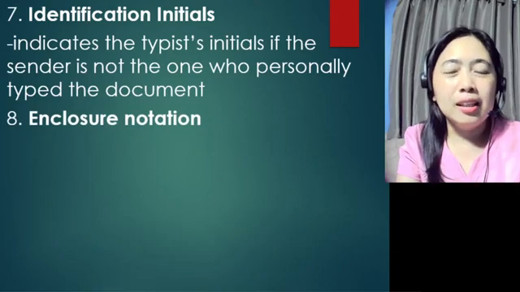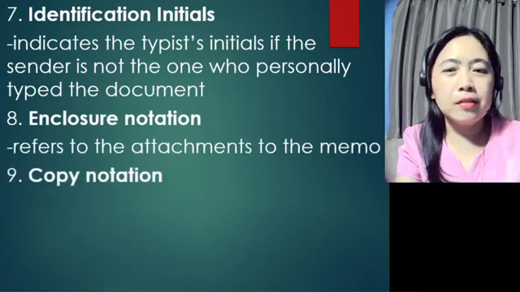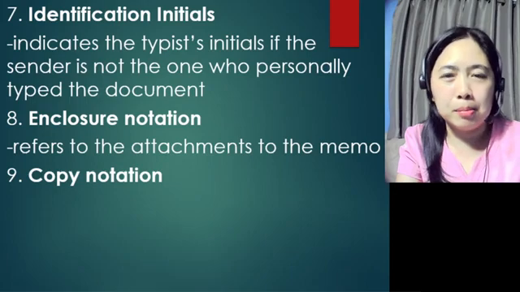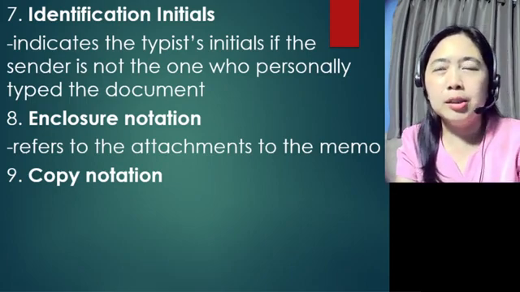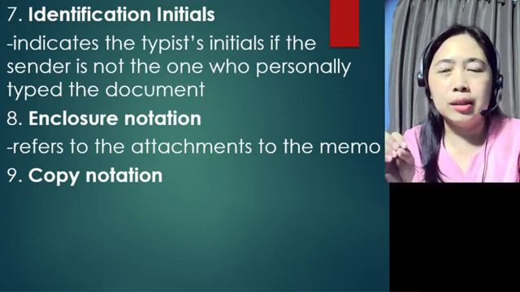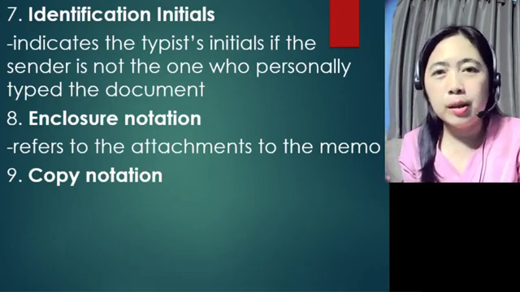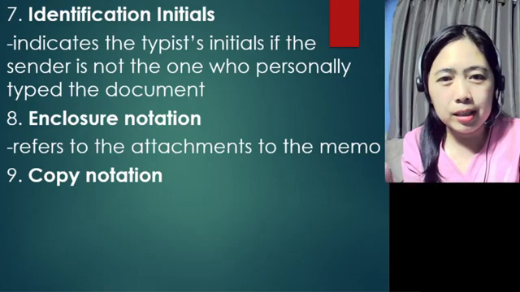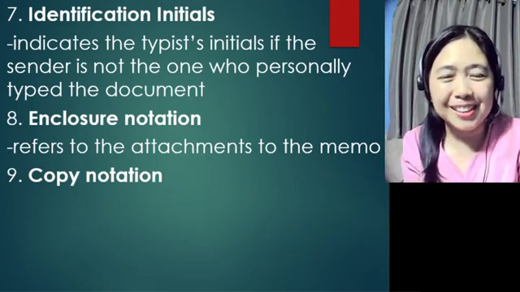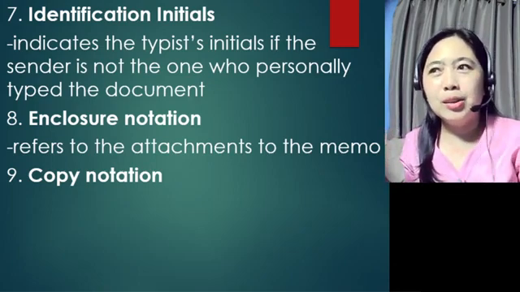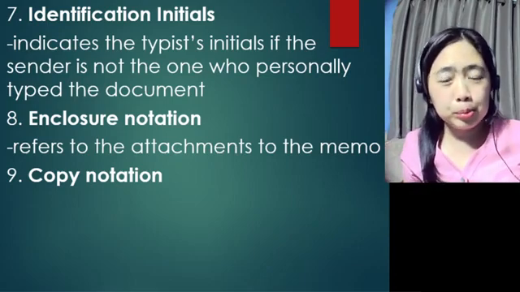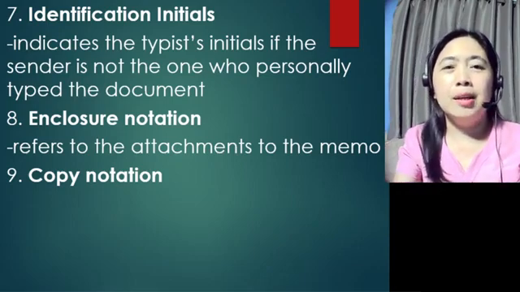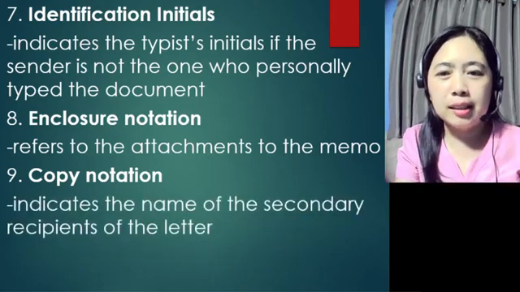The enclosure notation refers to the attachments to the memo. Enclosure notation, so enclosed herewith. Just like your application letter, where you attach your resume. In the enclosure notation, you have other documents attached to prove other matters. The copy notation indicates the names of the secondary recipients of the letter.